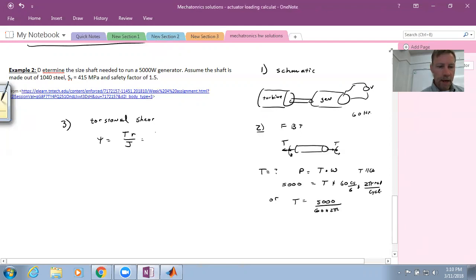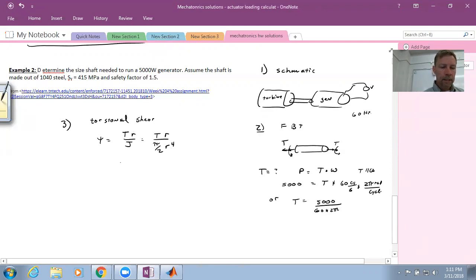Now what I'm looking for is TR over pi halves times R to the 4th.